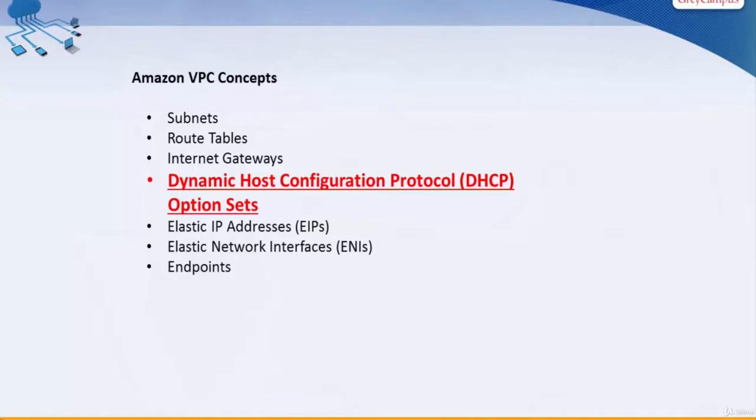Now we can use the Amazon DHCP, or I can create a custom DHCP. If I want to have a custom DHCP server in the environment, that's possible as well. But I can't have both. I can either have the one that's created by Amazon, or I can create my own DHCP environment in the cloud. Now let's see how that's done.